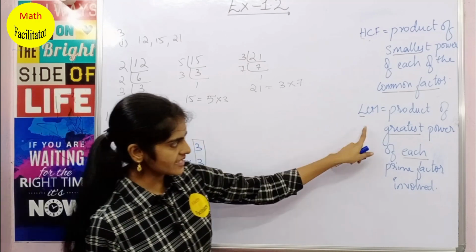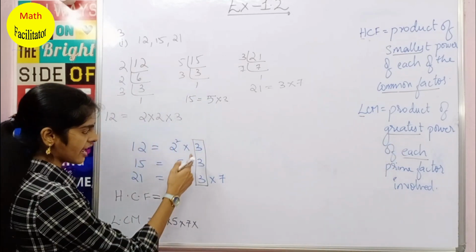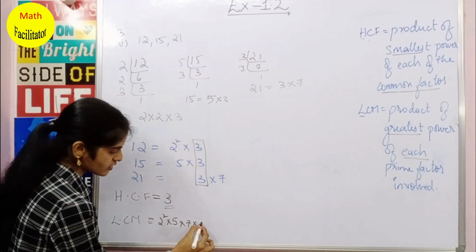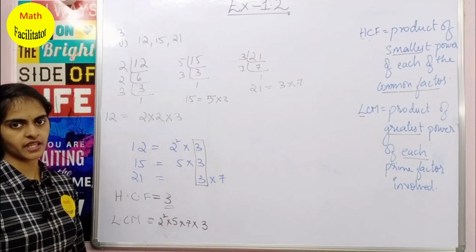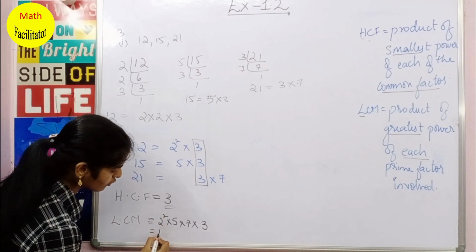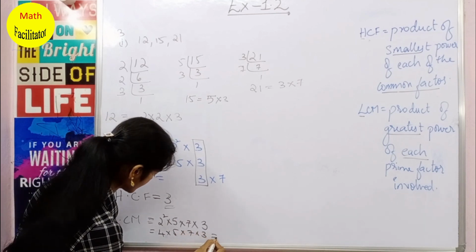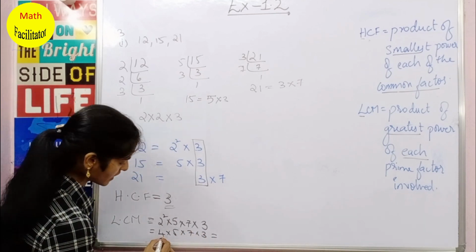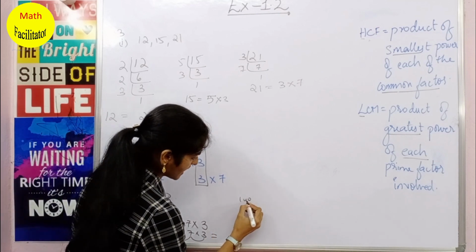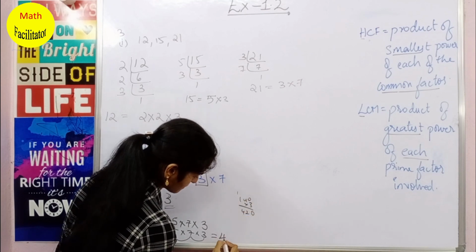For LCM, least common multiple, you will take the greatest power. In this case 3 has the same power in all the cases, so you will simply take it as 3. So this is equal to 2 square, which is 4, multiplied by 5, multiplied by 7, multiplied by 3. So what is the LCM? 4 fives are 20, 20 into 7 is 140, 140 multiplied by 3 gives 420.